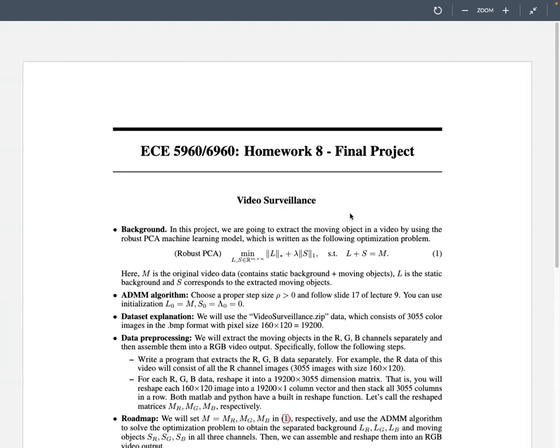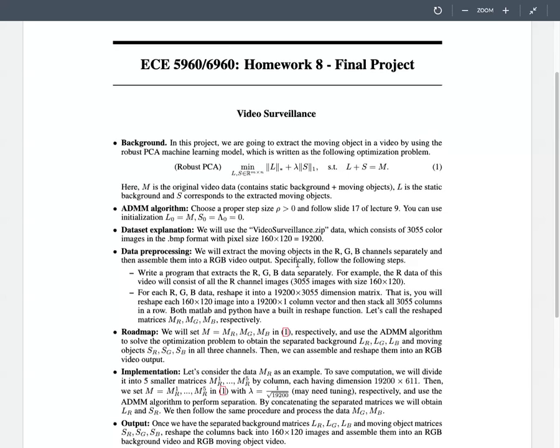And then we build such a robust PCA model, which is to extract both the stationary background and the moving object. We will talk more about this model in the next lecture. And then for this homework, the ADMM method will be applied to solve this problem.